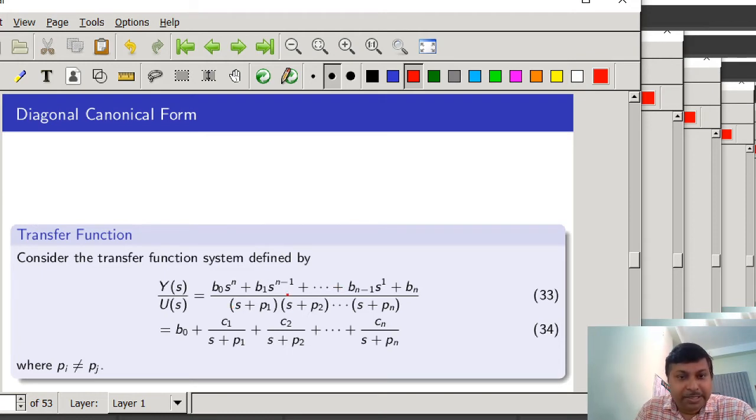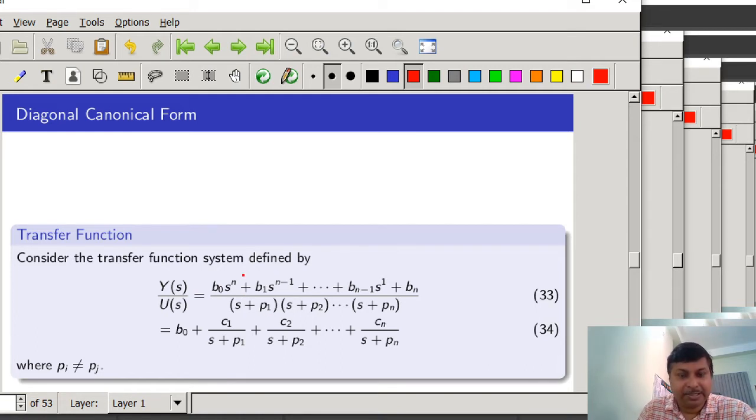So once a transfer function is given and we are asked to find the diagonal canonical form, our work is to factorize the denominator and express it in the form s plus p1, s plus p2, s plus pn, so that we can identify the poles of the transfer function.